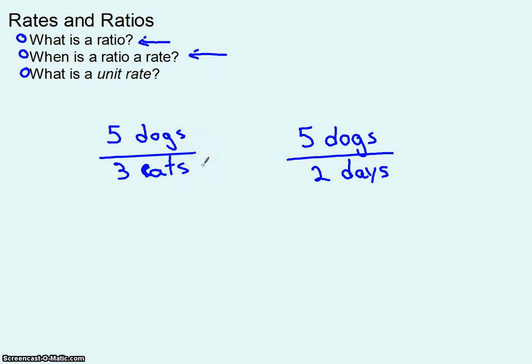Here the units are completely different. So when I look back at the previous example where I was doing 2,200 pounds compared to 550 pounds, that was a ratio.